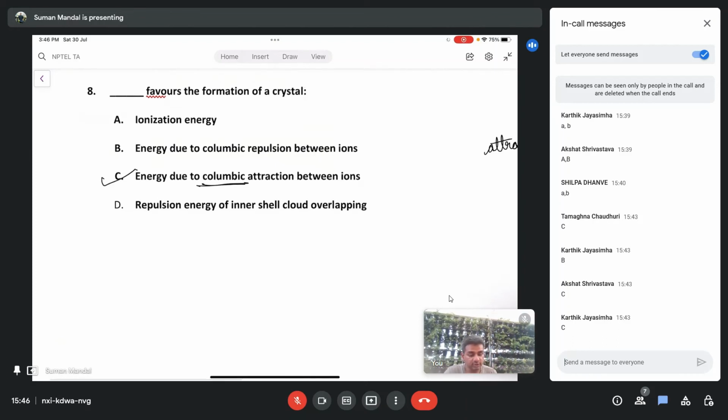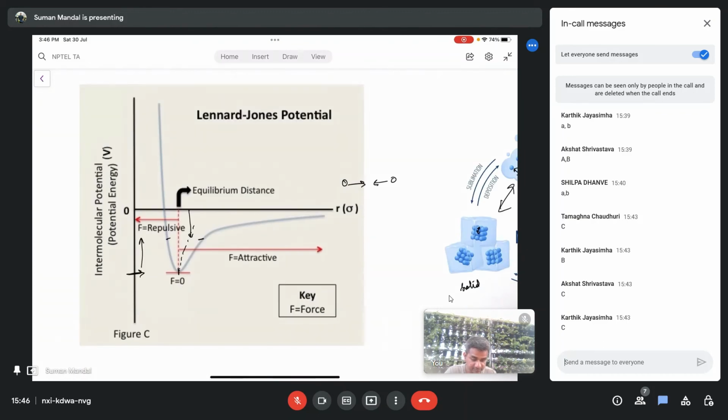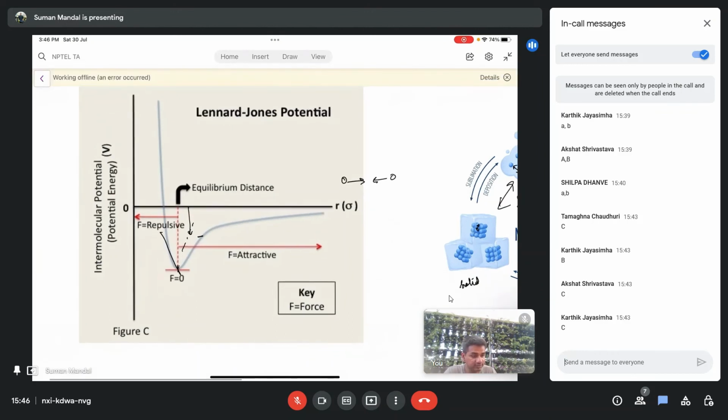But even though Coulombic attraction is responsible for the formation of these crystals, you can see here that there is also a repulsion term. If you take the force here, which is the slope, F is equal to minus dE by dx, you see that the force is repulsive in nature.